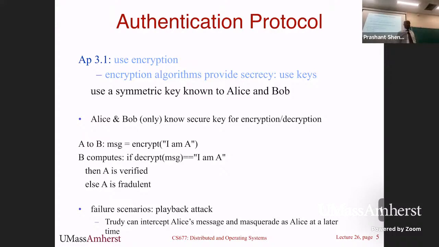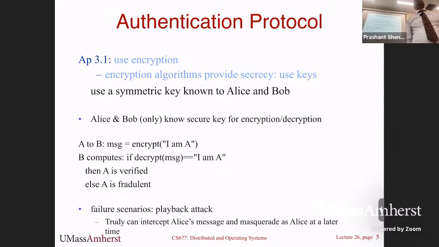Only Bob knows the decryption key other than Alice, so Bob can decrypt the message and see that it says I'm Alice. So now Bob knows that only Alice would have sent that message, because only Bob and Alice know the key. Then Bob will authenticate Alice. If not, he will say that's not Alice.